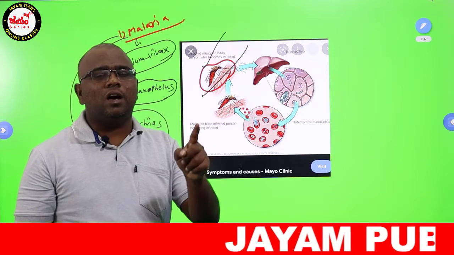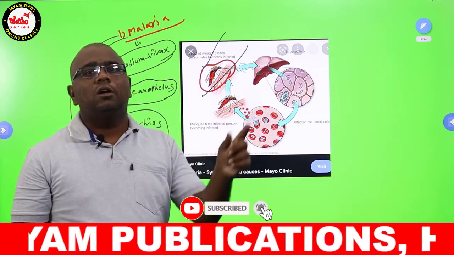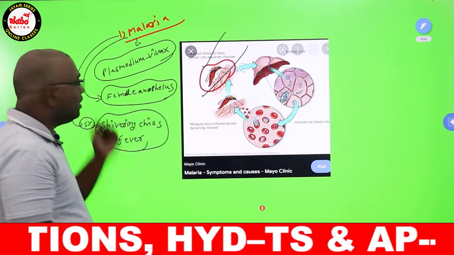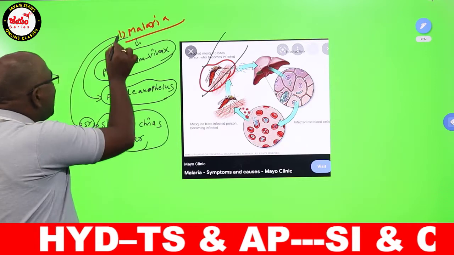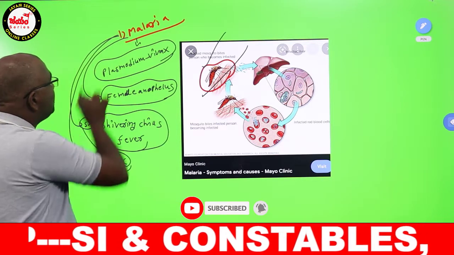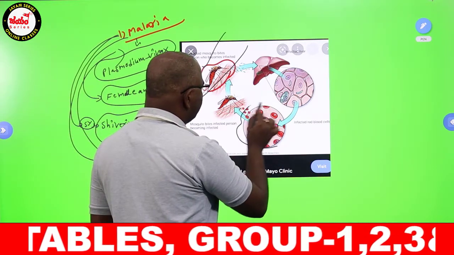The answer is dengue fever. And in malaria disease, the RBC cells are destroyed. Look at this picture. These are the RBC cells.